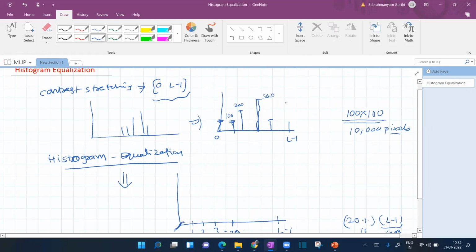If I divide all these values, for an m by n image, you simply divide by m by n. Each value of this bar, I divide by m by n, then it will be a probability density function. What is the property of a probability density function you are obtaining through this process?